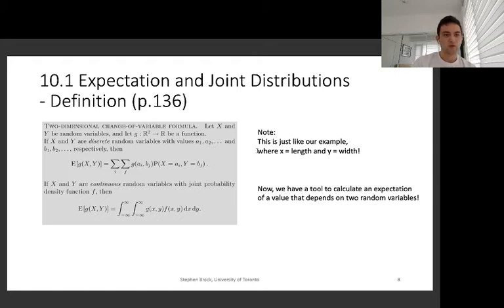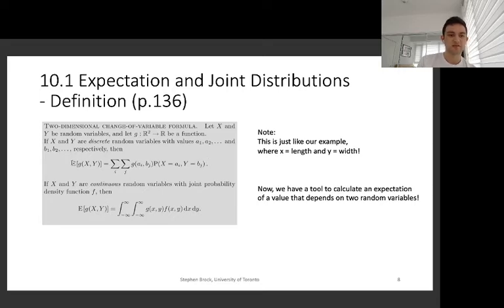So for the two-dimensional change of variable formula, we have: let X and Y be random variables, and let g be a function that maps from R squared to R. If X and Y are discrete random variables with values a1, a2, and all the way up to as many a's as you need, and b1, b2 going up to as many b's as are in the domain, then the expected value of g(X,Y) is equal to the summation over all i and the summation over all j of g(ai, bj) times the probability that X equals ai and Y equals bj.